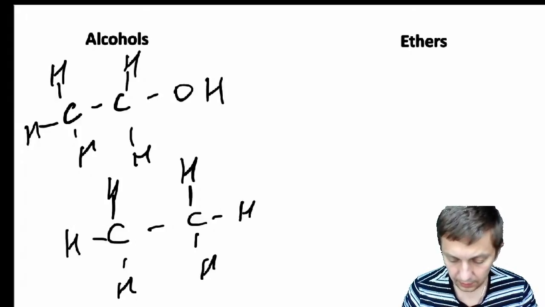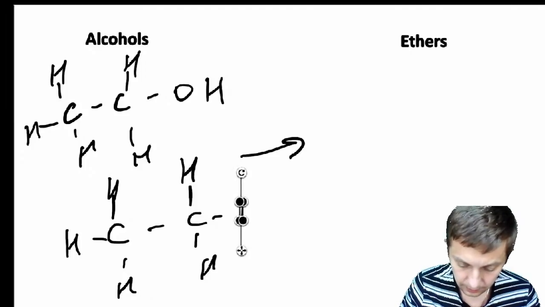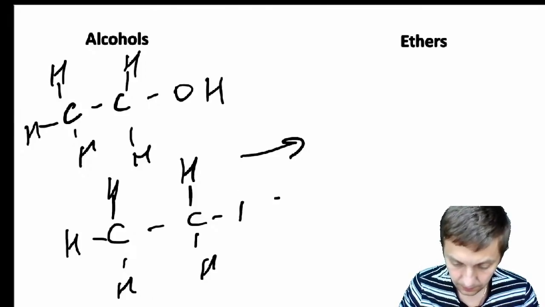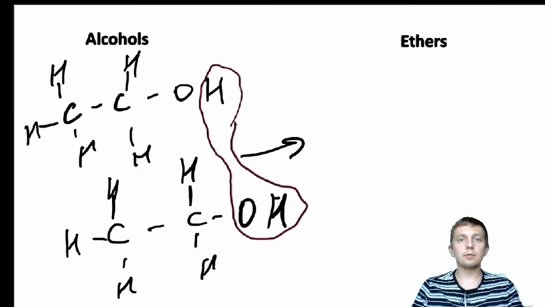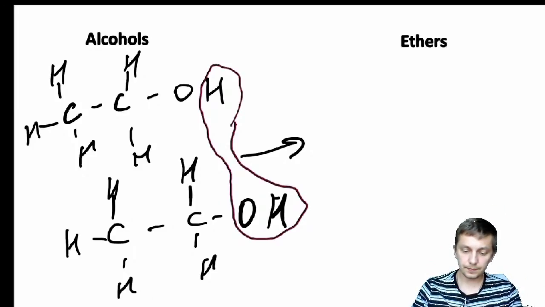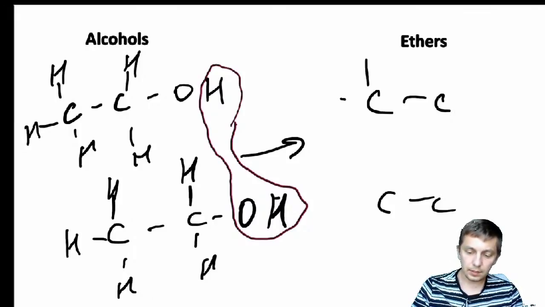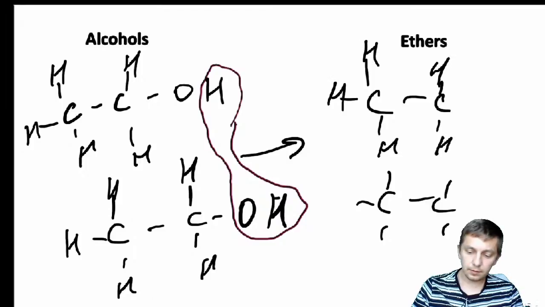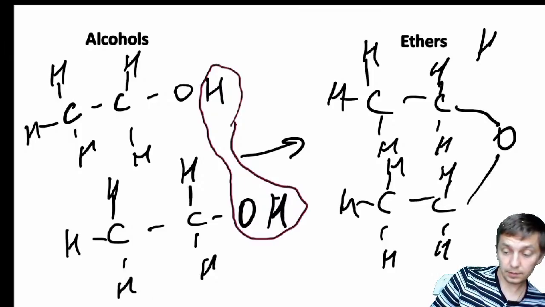If two alcohols react and we remove water molecules from them, we get an ester. It's the chain that we have from the previous alcohols, and the C-O bond is the new bond that we form, and water.